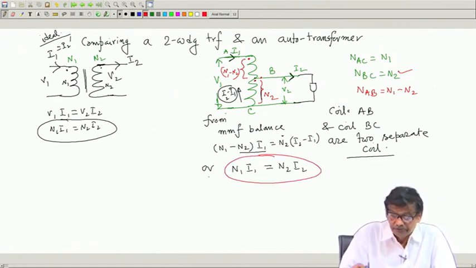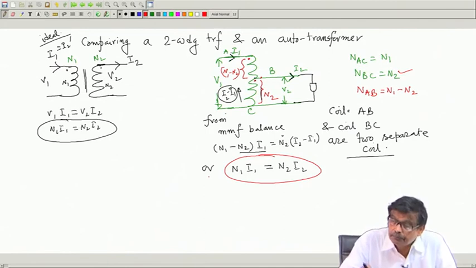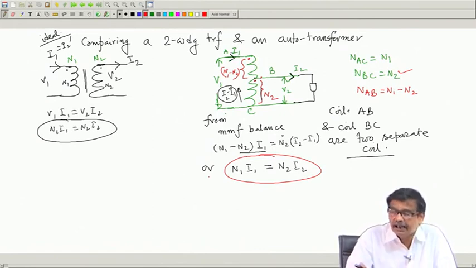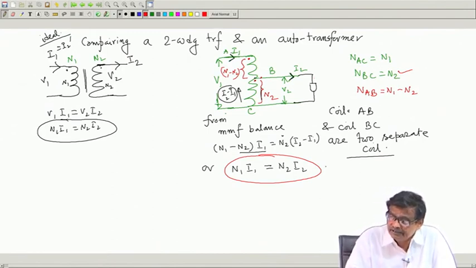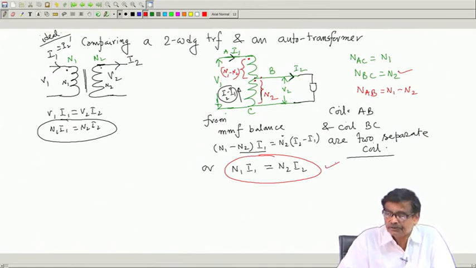But the reason that this will be true, I must get it by balancing the MMFs of the two separate portions of this coil that I have identified as AB and BC. Then only I can invoke all the things I did for two winding, I can do it here also, thinking that these two coils are separate coils, common flux, induced voltage there, induced voltage there, and so on. So, this is the relationship which will hold good.